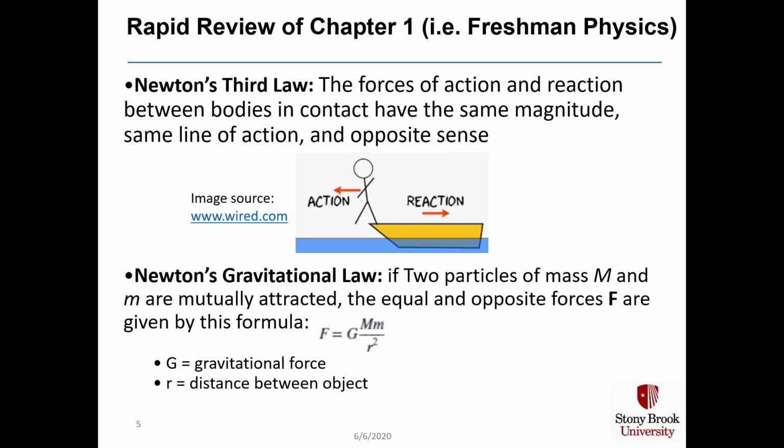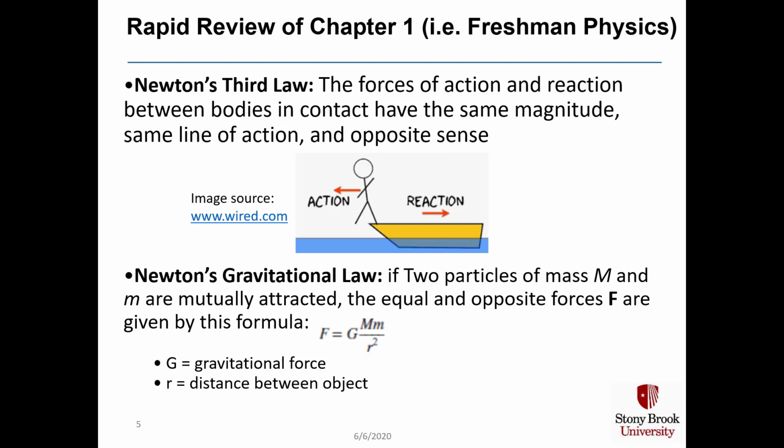And then Newton did his famous gravitational law that says if two particles of mass capital M and small m are mutually attracted, the equal and opposite forces F are given by this formula. F equals G, where G is the gravitational constant, times capital M times small m divided by r squared, where r is the distance between objects. Now you've got freshman physics back in your head again.